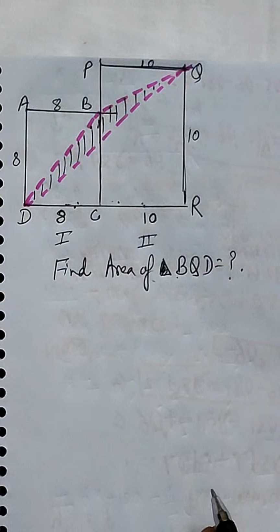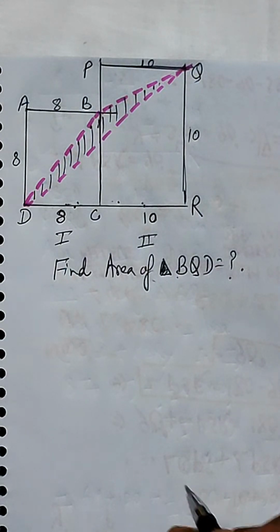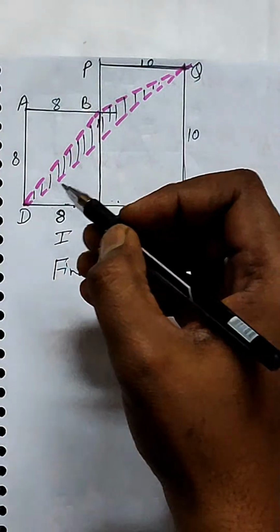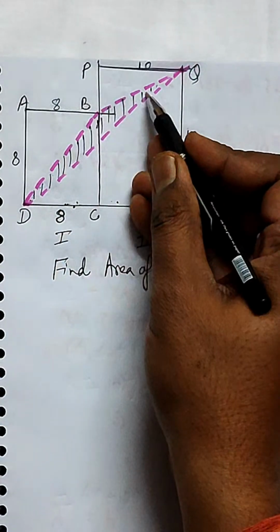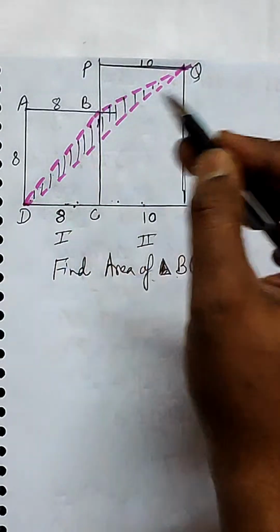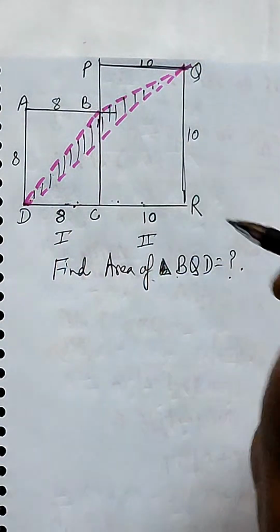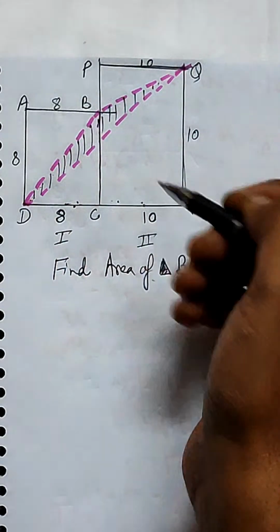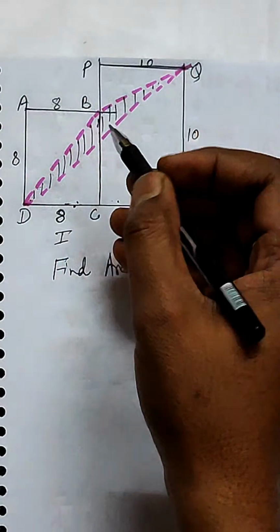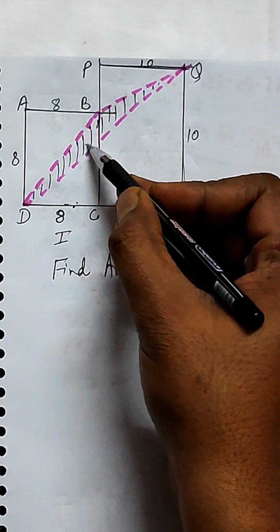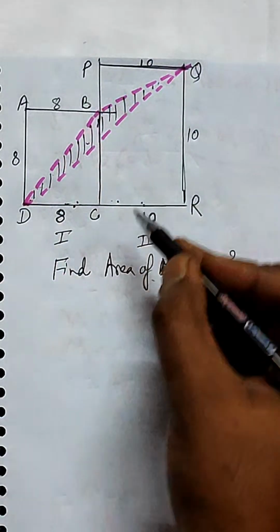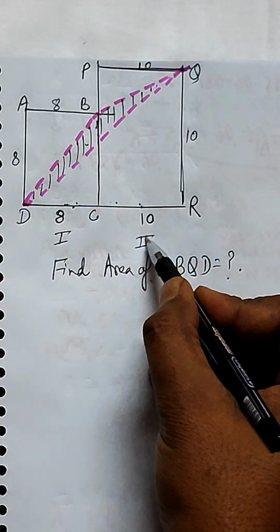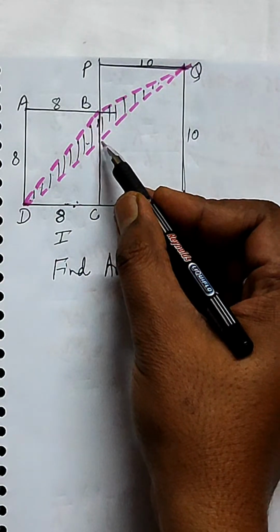We will use one concept. If you exclude the area of this triangle from the complete area of these two squares, would you be able to find it? Of course yes, because if you subtract triangle BQD from the combined area of square 1 and 2, you will get it.